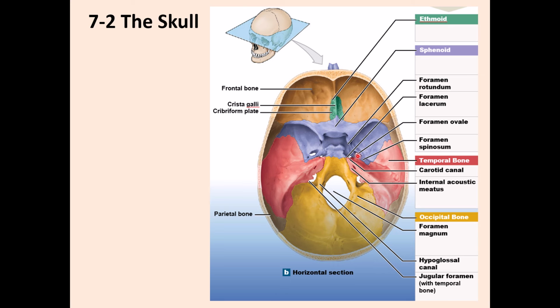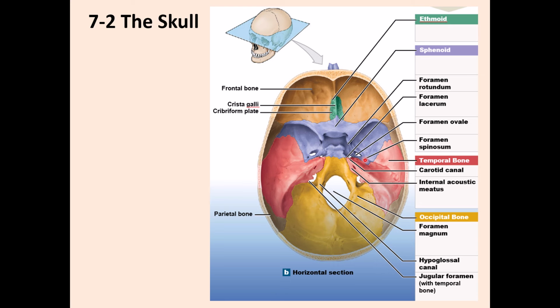The first branch of cranial nerve 5 is passing through a different structure. It is around here, very close to the foramen rotundum, but it's difficult to see. And you also have the foramen spinosum, through which blood vessels that supply the meninges pass.